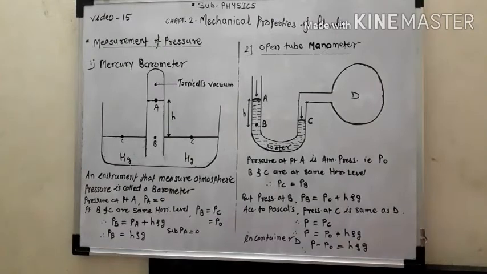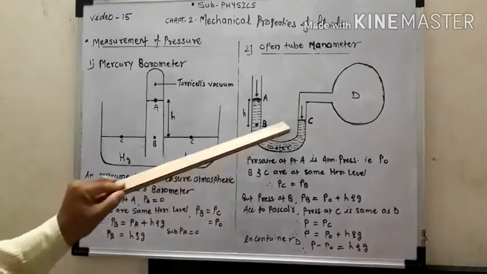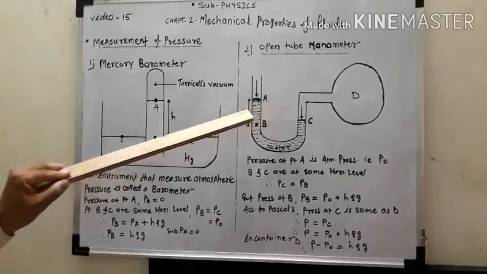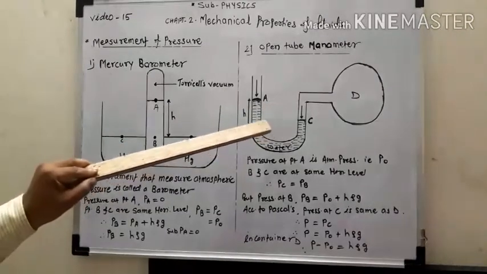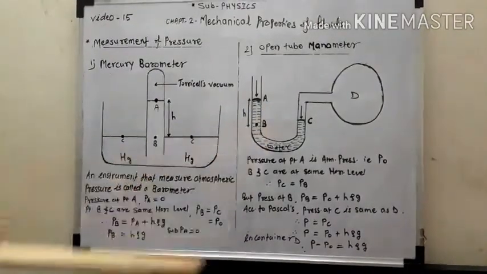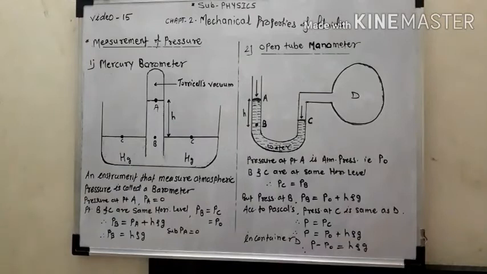This manometer consists of a U-shaped tube, partially filled with a low density liquid such as water. Instead of water, you can also fill it with kerosene, and this helps to have a large level difference between the liquid levels in the two arms.